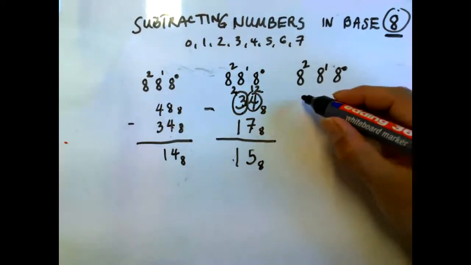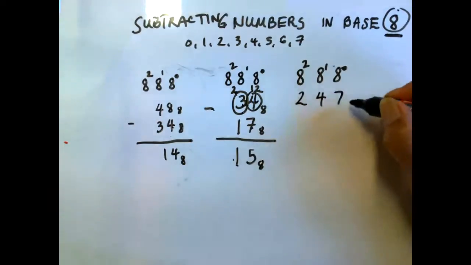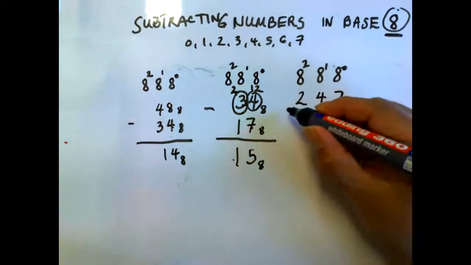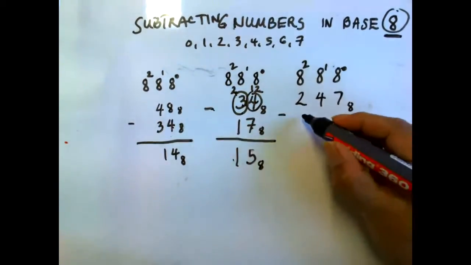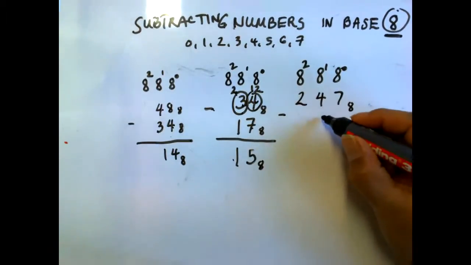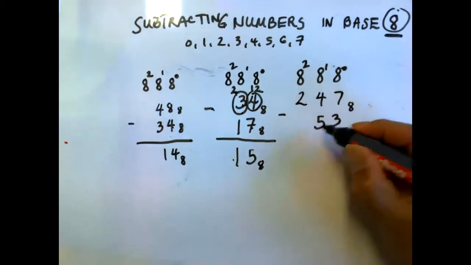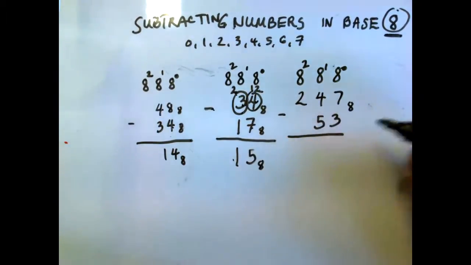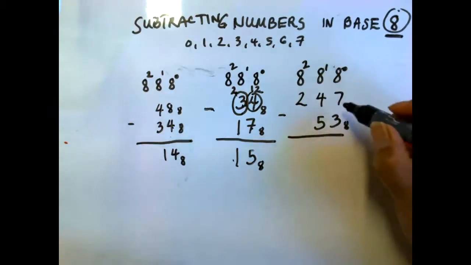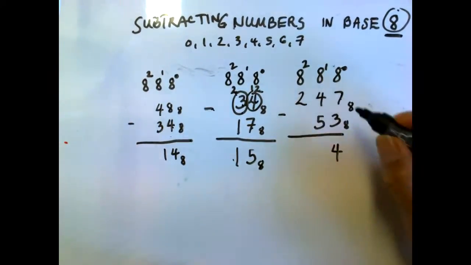So let's have 247 in base 8 less 53 in base 8. This is straightforward: 7 less 3 is 4.